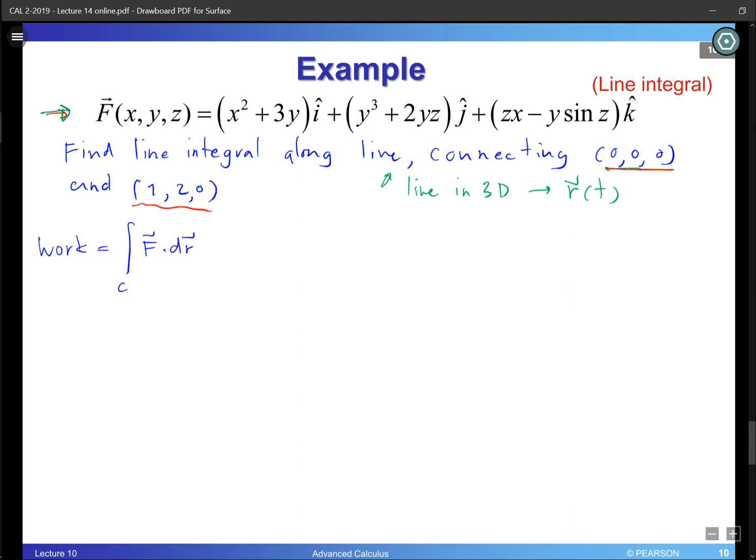That's what we had in the last lecture, and we also learned that in order to use this, it's better to use another form, and that is equal to f as a function of t dot dr by dt, and we integrate this with respect to t.